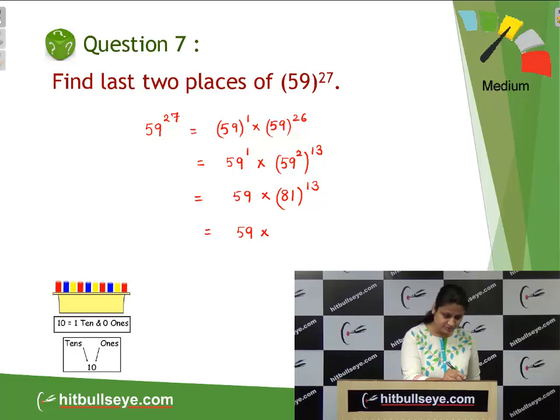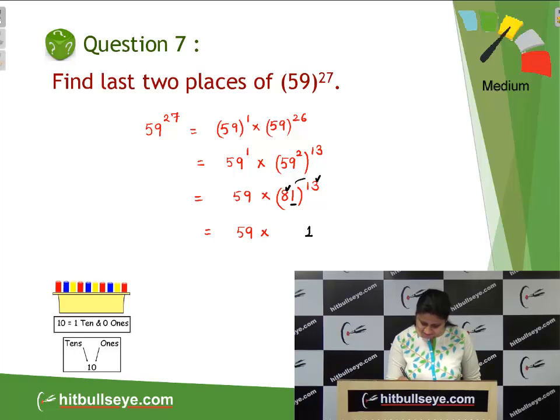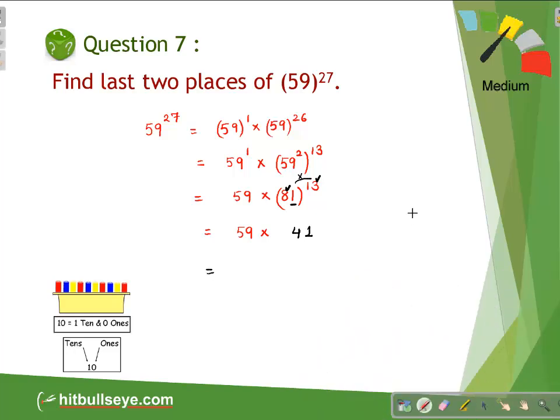Now it is time to apply the shortcut. 1 as it is. We will take this 8 and this 3. We will multiply those, which comes out to be 24, so 41. Now if you multiply that using once again one line multiplication, 59 into 41, this is 9. Cross multiply, 5 and 36, which comes out to be 41. So I'm considering only 1. So what is the answer in this case? It will be 19.